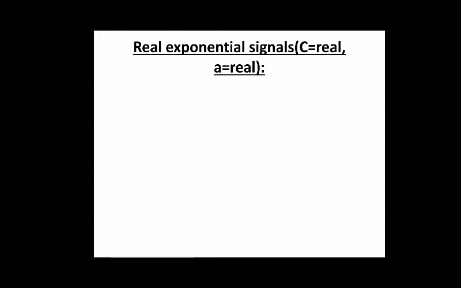When c and a values are real, it is called a real exponential signal, denoted as before: x(t) = c e^(at), where c and a are real. In this case we have taken c equal to 2 and a equal to 6, and the real exponential signal is 2 e^(6t), and it looks like this.